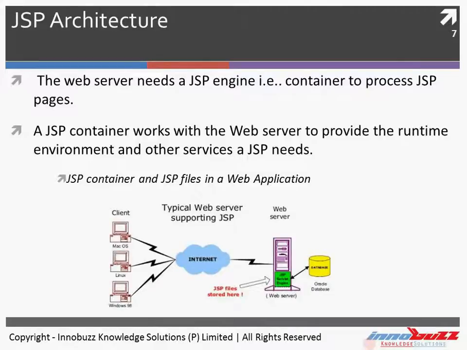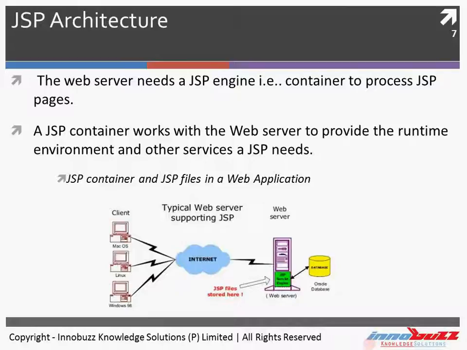So this is the picture which shows all the clients, which can be Windows, Linux or Mac. All these are the clients which connect over the internet, typically through a web server, which will serve the purpose. So this web server will support JSP by having a JSP container and processing all the requests.